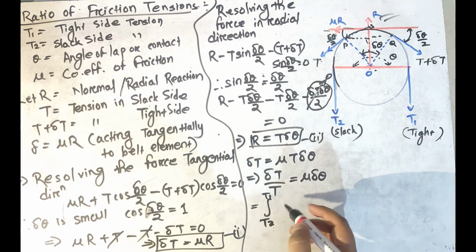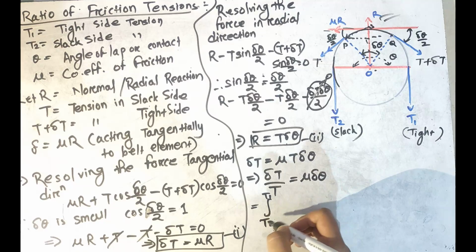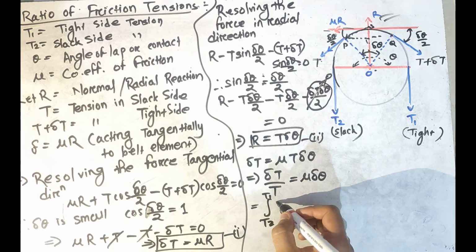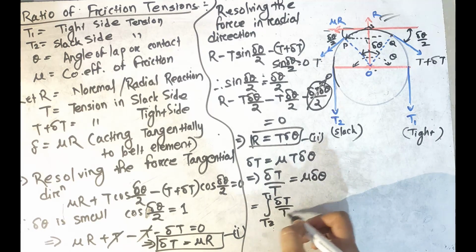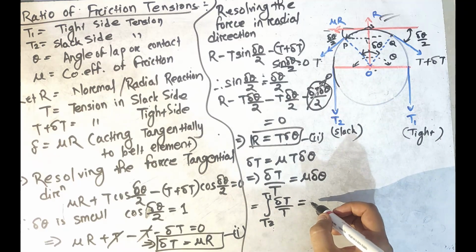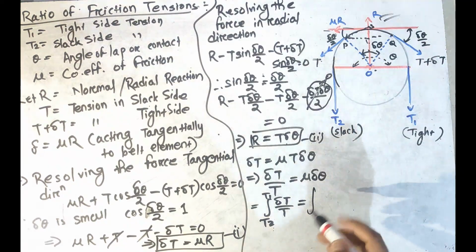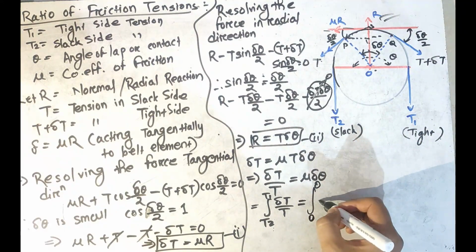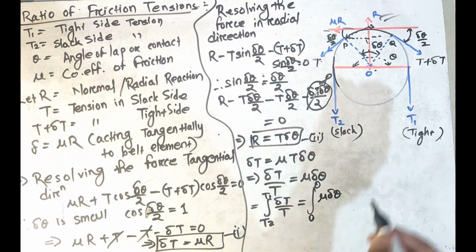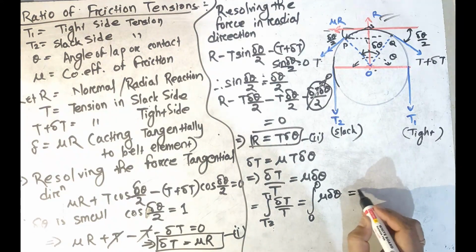T1 will always be the higher limit, T2 will be the lower limit, slack side and tight side. So del T by T integrated equals mu del theta, with theta from 0 to theta.